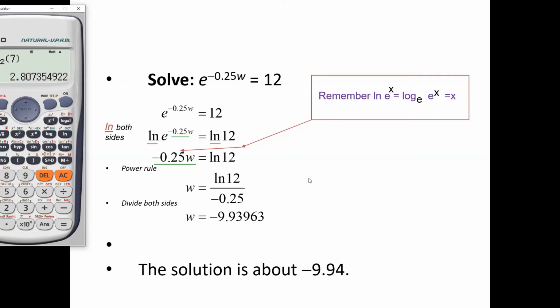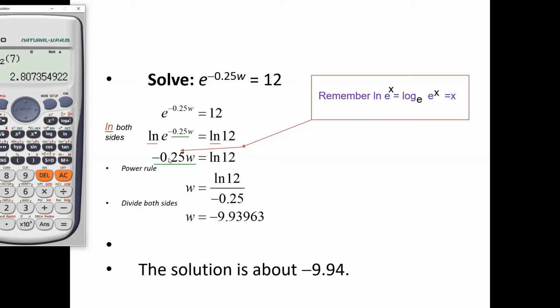Okay, so anyway, first thing I did was I took natural log on both sides. Then using the power rule, I moved it out front. You might ask, well, where'd this natural log e go? Well, natural log of e is 1 because it's log base e of e.